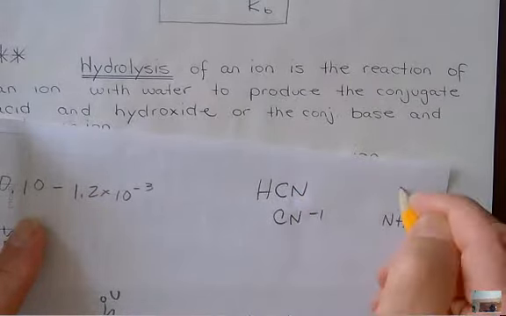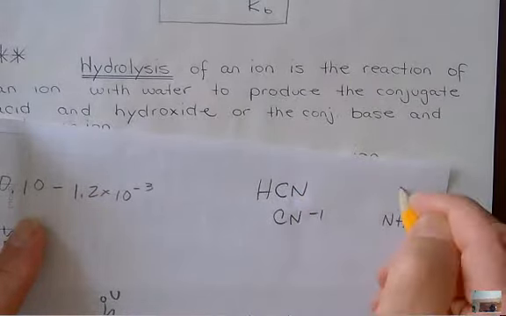So the salt that comes from a strong acid and a strong base has a pH very close to 7, because neither of these two ions has any desire to react with water and remove a proton in this case, and in this case remove a hydroxide ion to make it an acid.